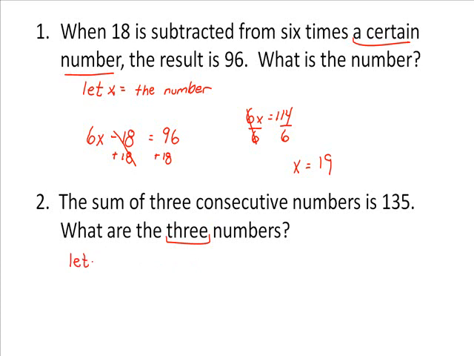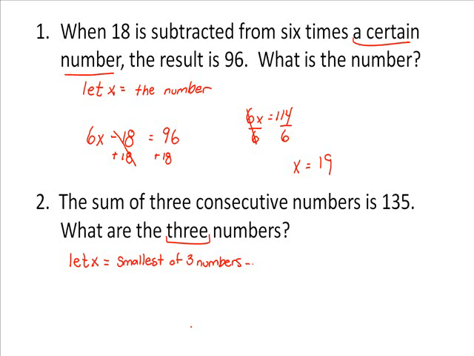When I write my let x equal statement, I need that x variable to represent the least complicated number. And in this case, I'm going to call it the smallest of the 3 numbers. Since there are 3 numbers that I'm looking for, I'll need to label the second number and the third in terms of x as well.